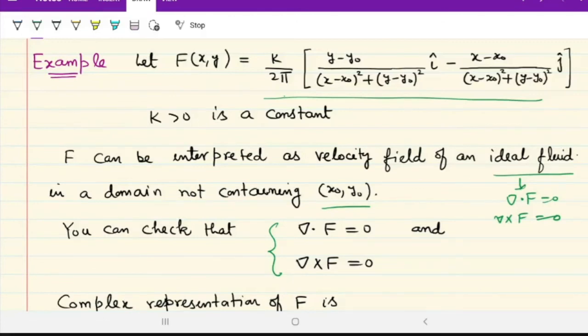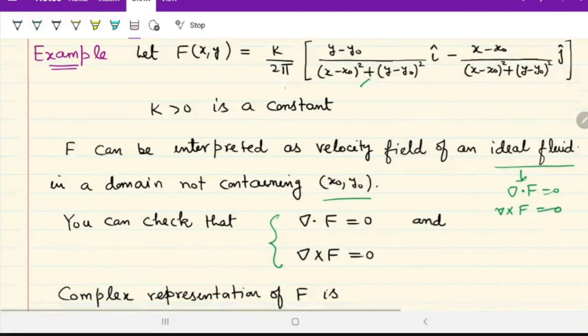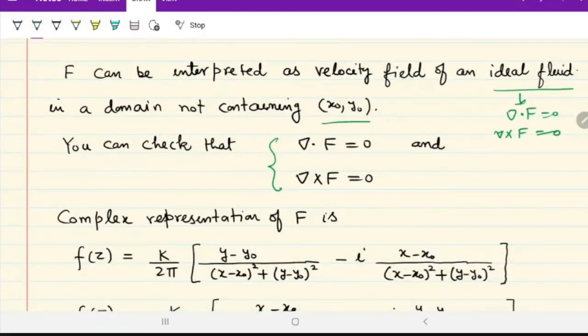Now, if you want the complex representation of capital F, that is going to be nothing but a complex function with this as real part and this as imaginary part. So let us write down the corresponding complex function. That is going to be real part plus imaginary part.